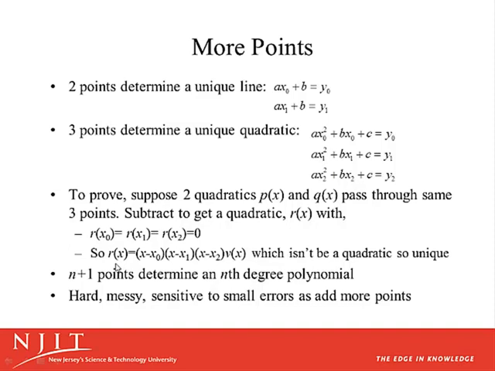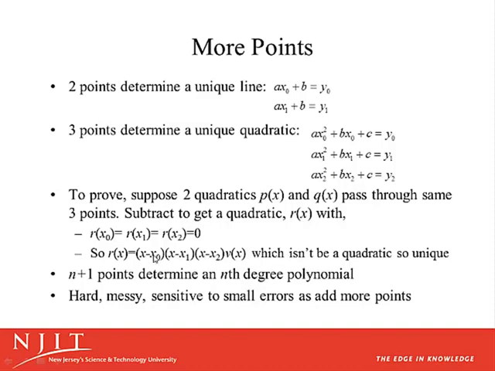But if a polynomial is equal to 0 at a point, then there must be a factor of x minus that x value. And so we must have our polynomial (x minus x0) times (x minus x1) times (x minus x2), possibly times other polynomial pieces. Well, that's no longer a quadratic. That's at least a cubic.